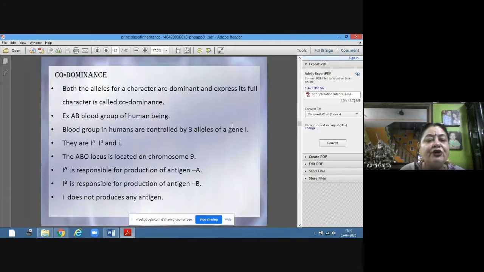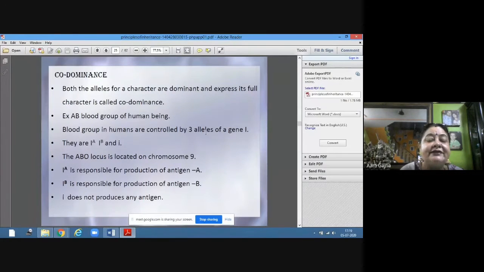If it is A, then gene IA is responsible for it, and if it is B, then gene IB is responsible. And if there is no sugar polymer, then small i is there. So small i is recessive, and capital IA and capital IB are dominant alleles of this gene I.